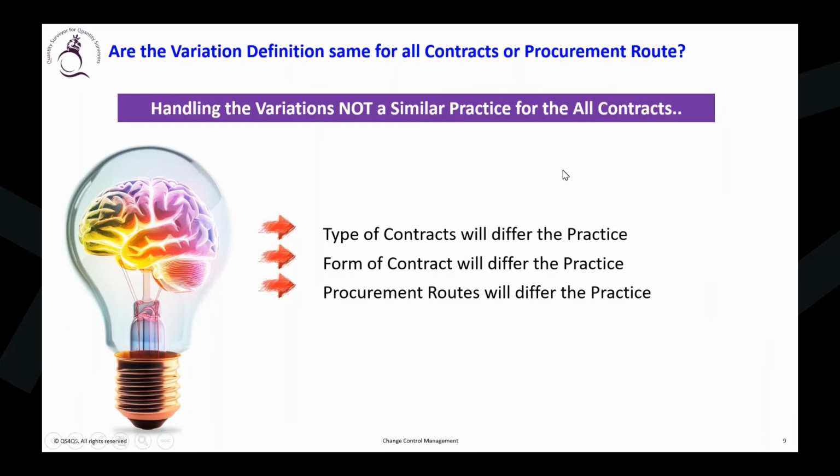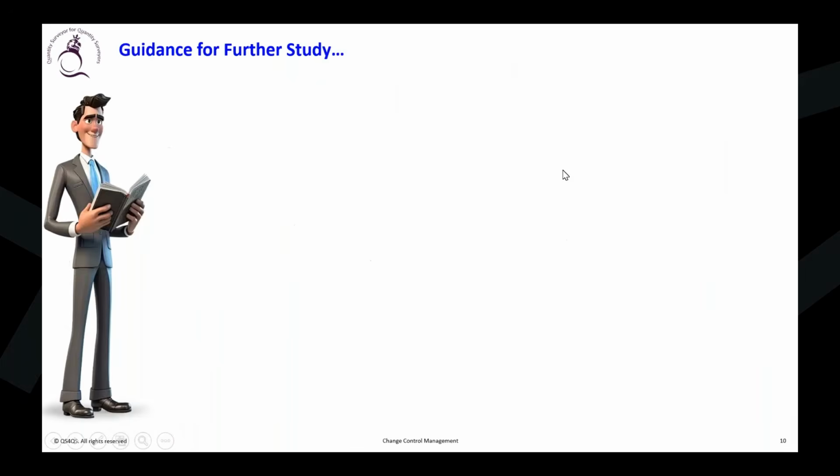Okay. Now I will give you some more guidance on how to study further about the change control process. Do you know there are four types of forms available? Namely, we have the RFC, request for change, the approval request form, ARF, the engineer's instruction, and one more.